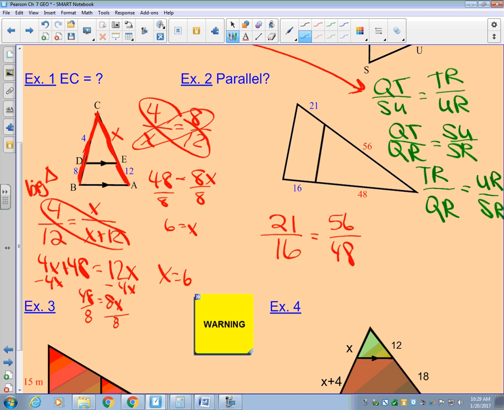So 21 over 16 is in lowest terms. 56 over 48, now 8 goes into 56. Divide by 8. 56 divided by 8 is 7, and 48 divided by 8 is 6. Is 21/16 equal to 7/6? No, it's not. That means it's not parallel.